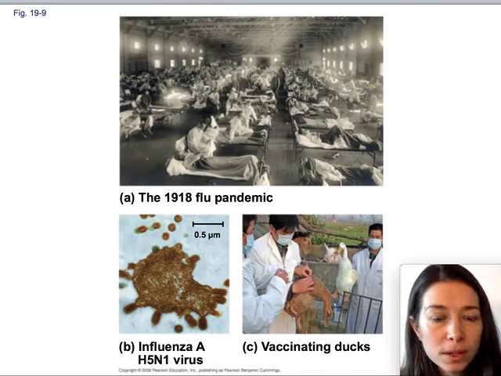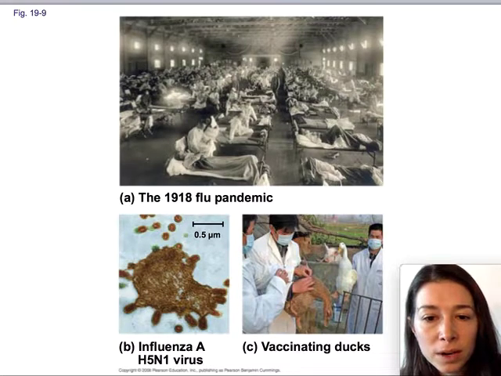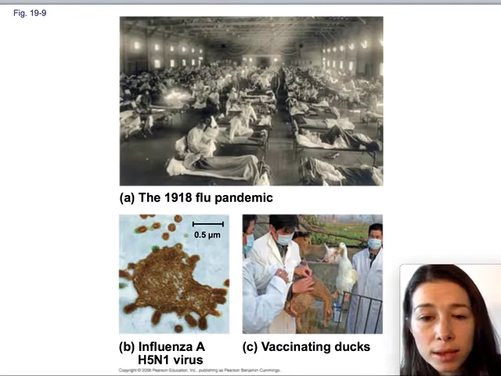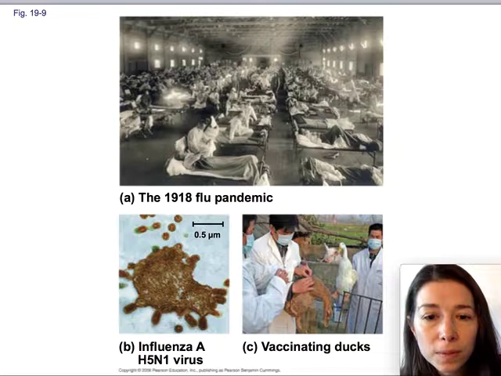And of course, one virus that affects humans very commonly is the cold, or the flu. The flu can have varying degrees of severity. In 1918, there was a flu pandemic that killed over 1 million people, and this was a massive health catastrophe in the United States and in other parts of the world.